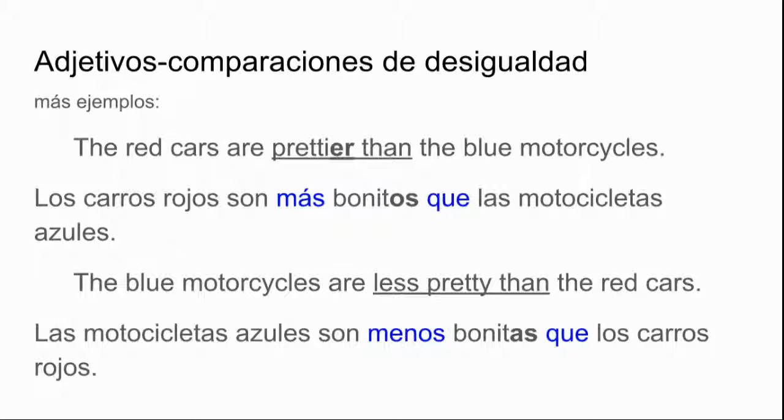If we switch it around and we say, the blue motorcycles are less pretty than the red cars. Las motocicletas azules son menos bonitas que los carros rojos. Notice this time we have bonitas because the subject of the sentence is las motocicletas azules. So it has to agree. Both these sentences say the same thing. They just do it in different structures.